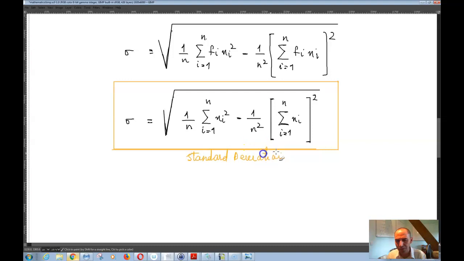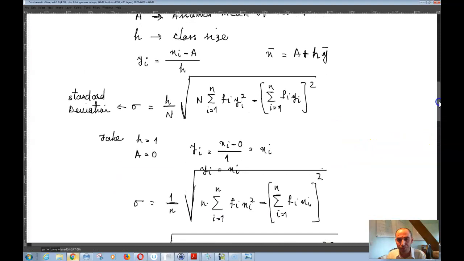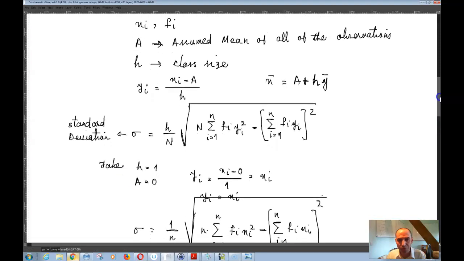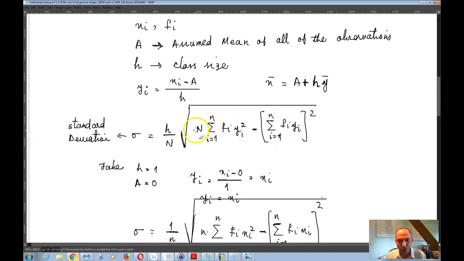Now the good thing about this method is that, first of all, you don't care about the class sizes. The class sizes, you have taken them as 1. And you don't care about your f of i's. You can, of course, omit them.